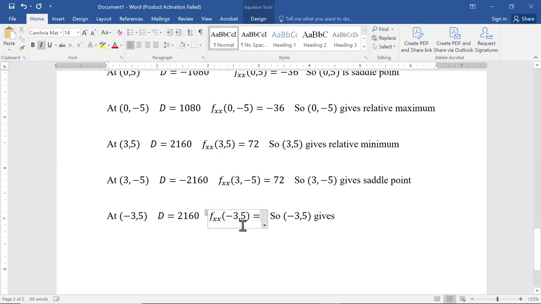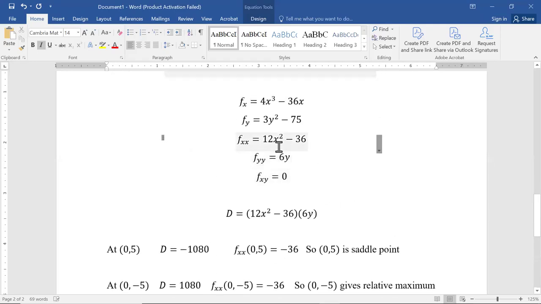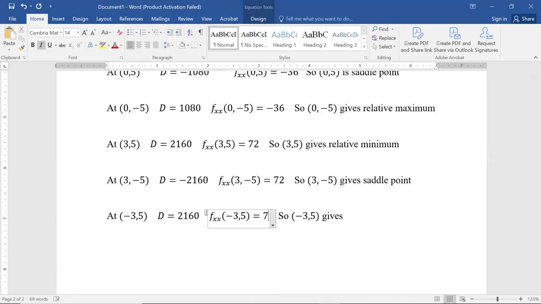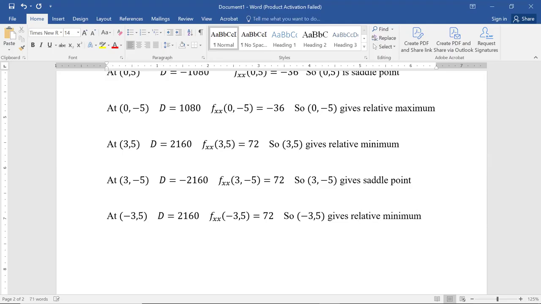When I plug in -3, 5 into my f sub xx, 12 times -3 squared minus 36 once again becomes 72. So we get a positive D and a positive f sub xx, that's concave up. That means I have a relative minimum at that point.